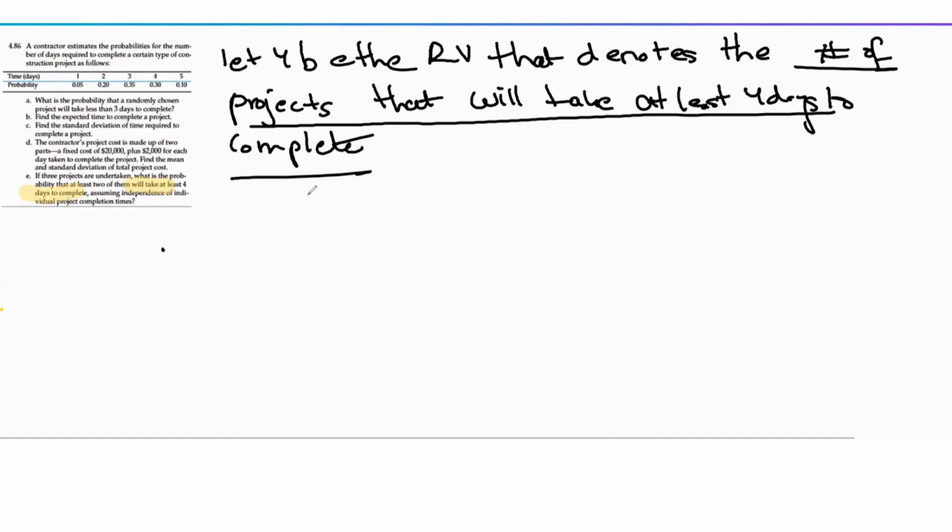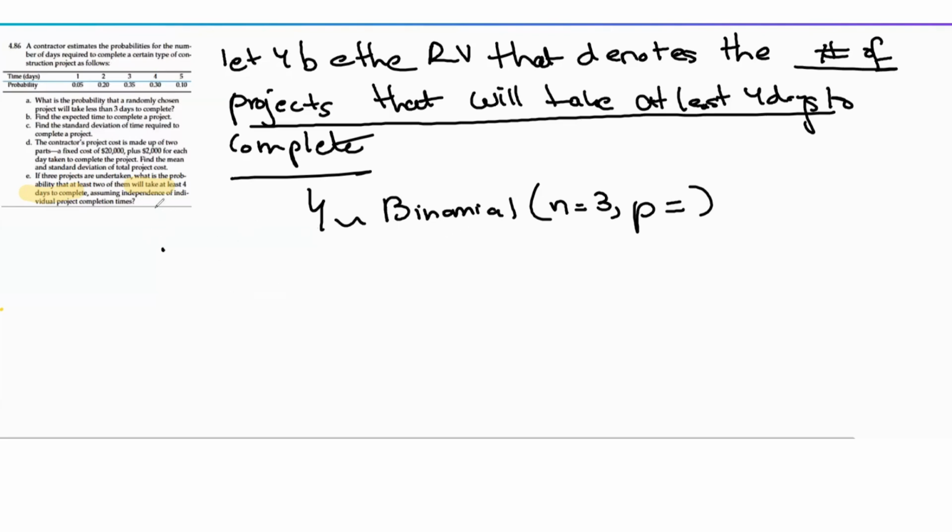Now what we should note here is that y is a binomial random variable, where you have three projects. So n, the number of projects, is 3, and the probability of success we'll find shortly. But let's first look at why we can apply binomial. Binomial has conditions: you need a finite number of independent trials and a constant probability of success in each trial.